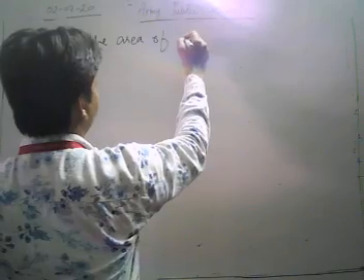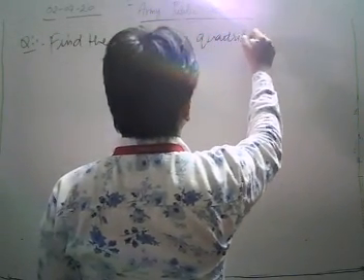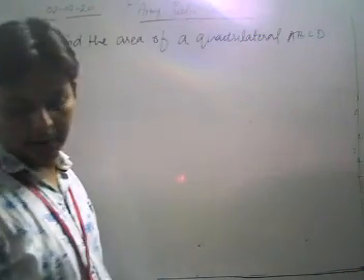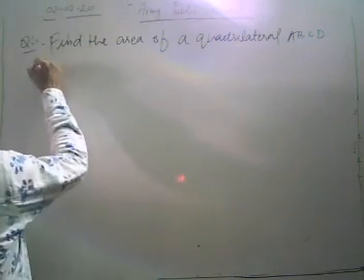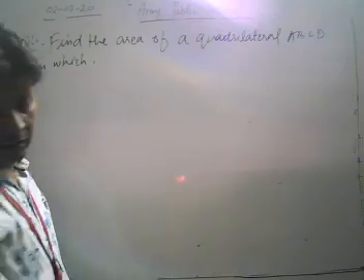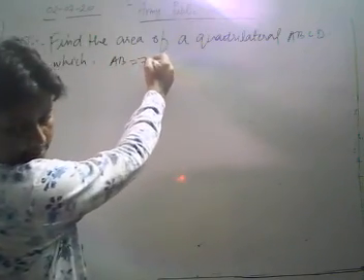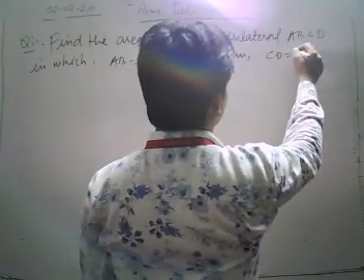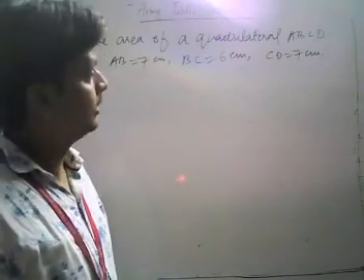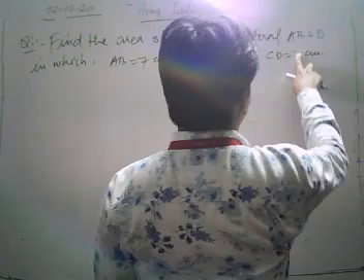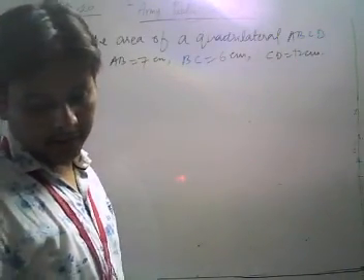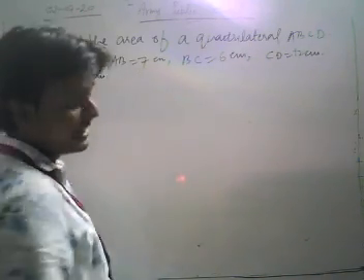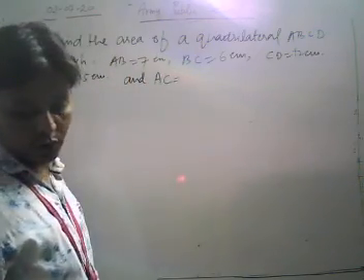Find the area of a quadrilateral ABCD in which side AB is equal to 7 centimeter, BC is equal to 6 centimeter, CD is equal to 12 centimeter, DA is equal to 15 centimeter, and AC is equal to 9 centimeter.